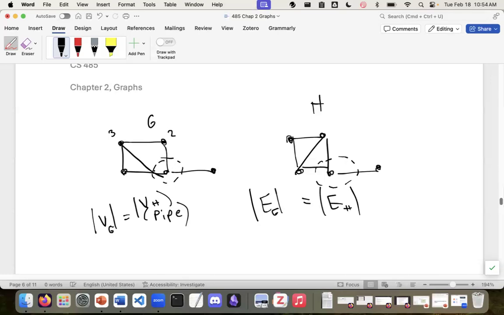And this one over here has 1, 2, 3, 4 edges. But the equivalent one in the other graph only has 3. And so just by looking at the way that we've drawn the edges, we can see that these two graphs are not isomorphic. So G and H are not isomorphic.